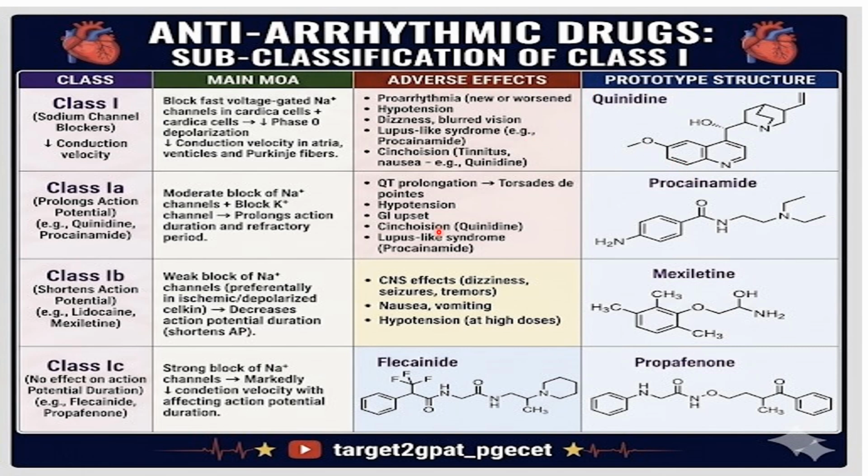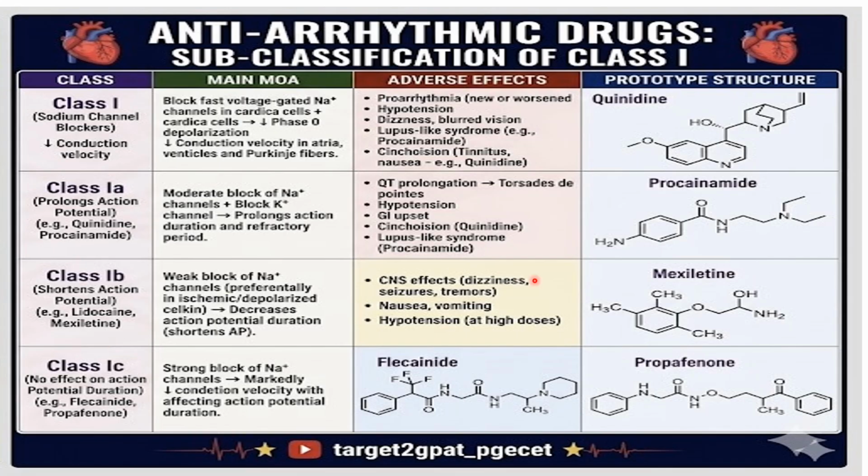This is about class 1A, and coming quickly to class 1B, it exhibits its mechanism of action of sodium channel blockade by shortening the action potential. Here the action potential is shortened. Examples are lidocaine and mexiletine.